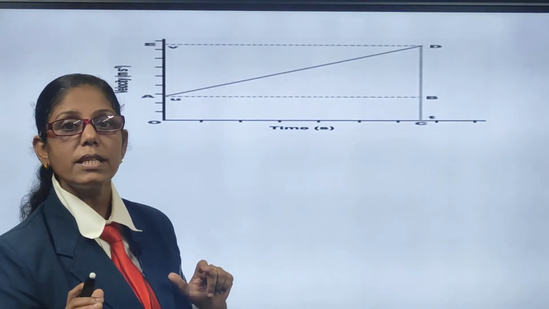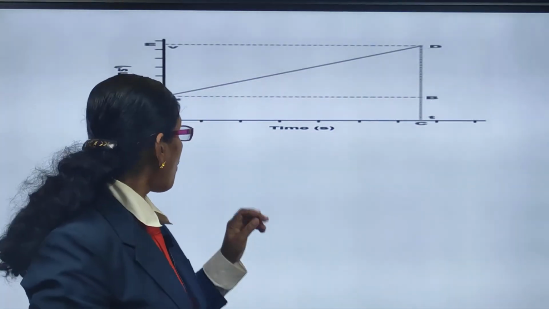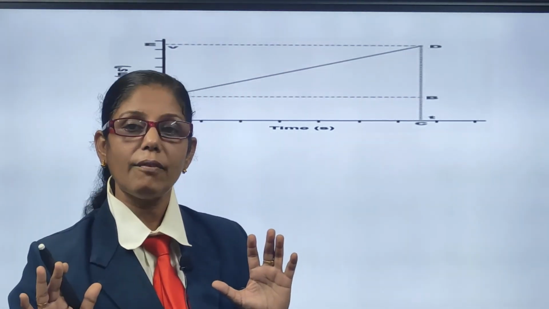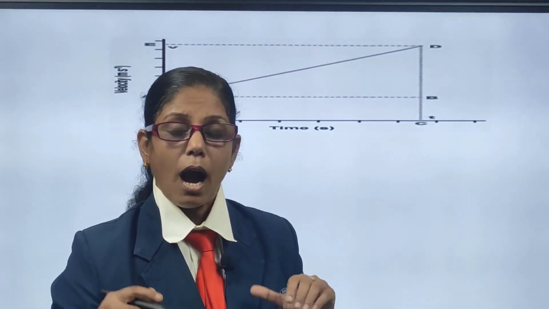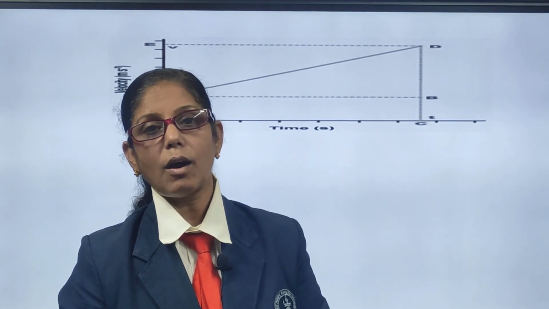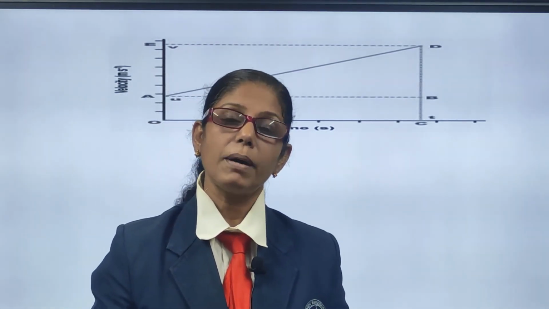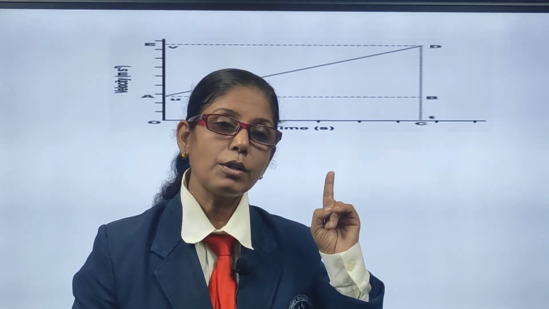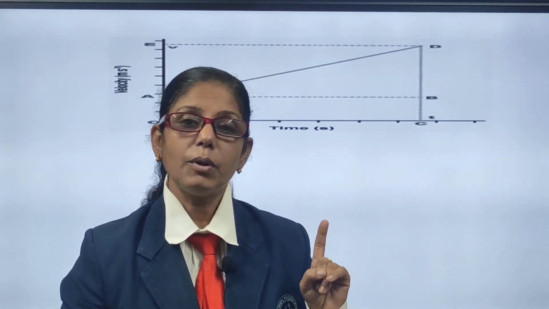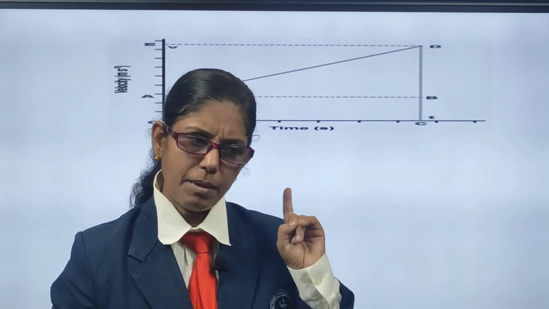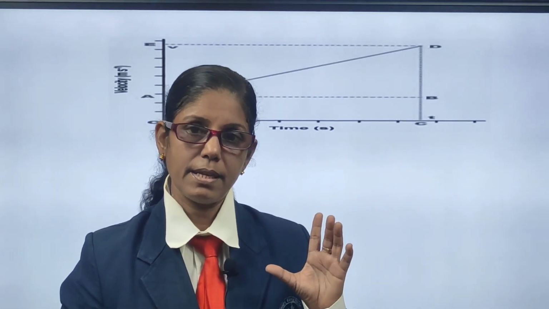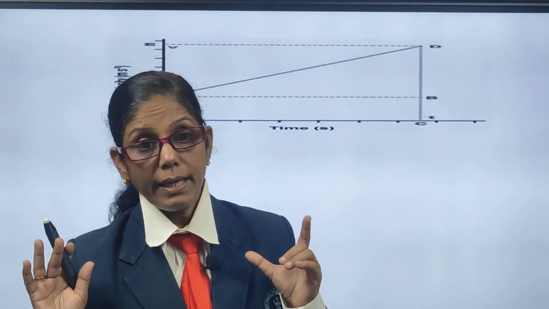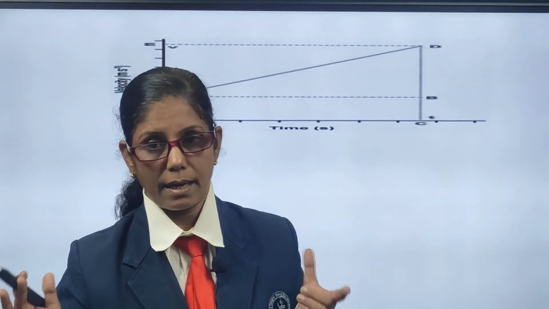In this velocity time graph, what we will do? We have to find out distance traveled by the body. How will we find out distance traveled by the body? Are you remembering what we have done in order to find out the distance traveled by the body? Remembering anyone? Yes. The distance traveled by the body is given by area under the graph.